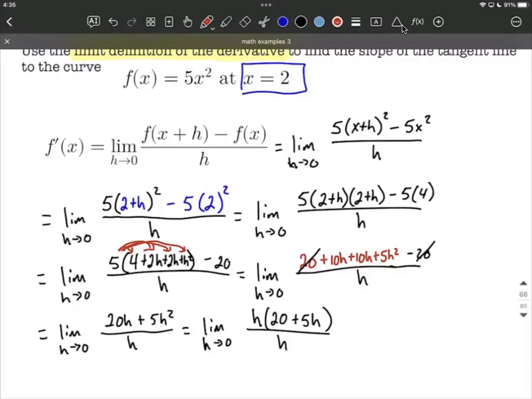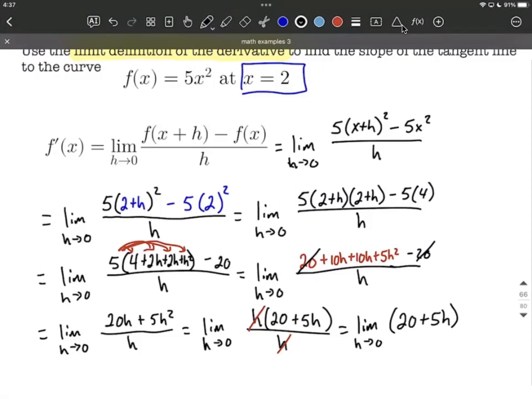At this point, because we have an h as a factor in the numerator and an h as a factor in the denominator, those will cancel out as we simplify down. So we're still looking at the limit as h approaches 0, but in our simplified form, we have 20 plus 5h still left here. We don't have an h in the denominator any longer.